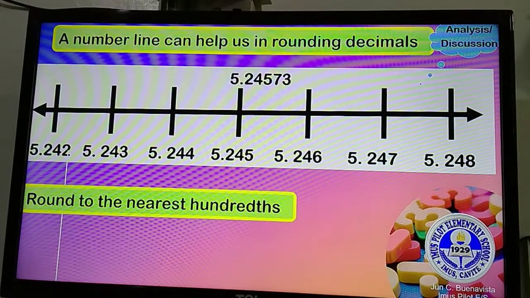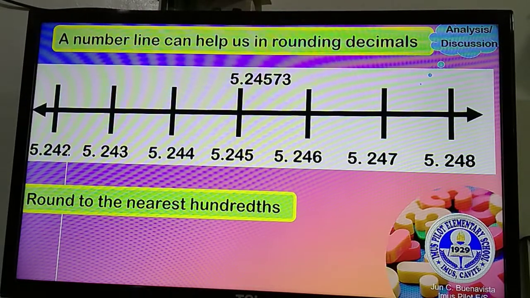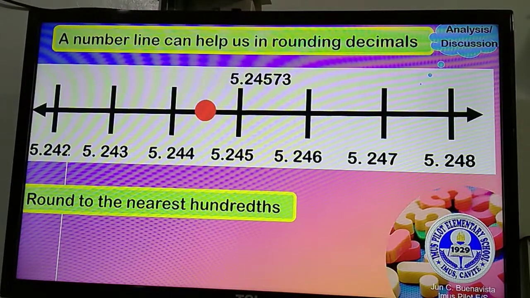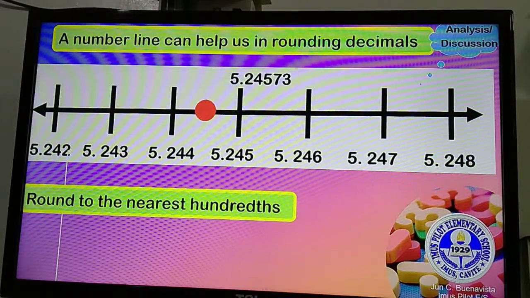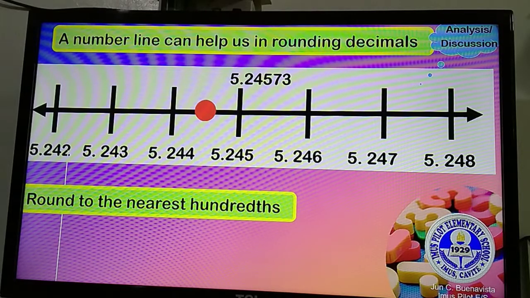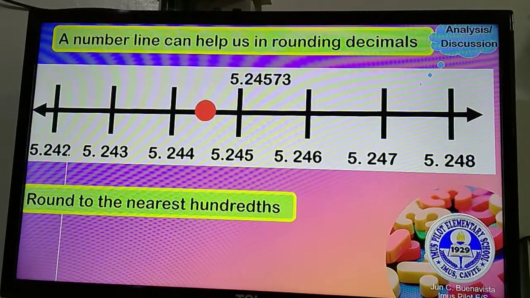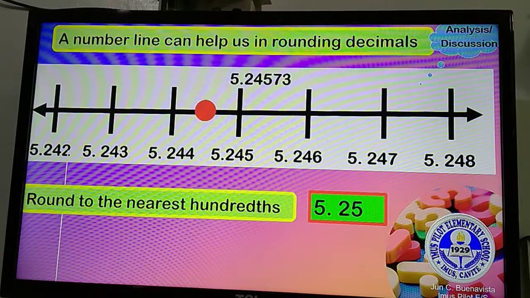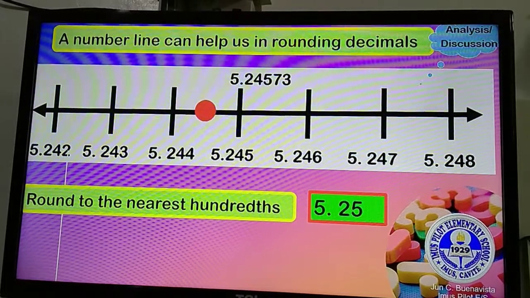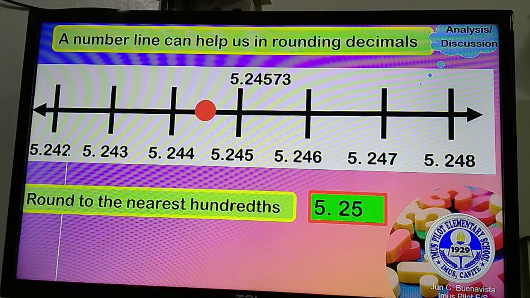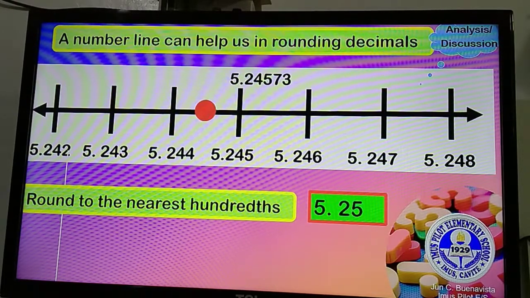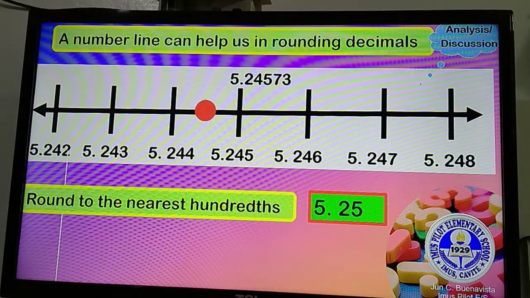If we are going to round to the nearest hundreds using the number line, it is in between 24 and 25. So therefore, the answer is 5.25 hundreds. Why 25 hundreds? Since the digit at the right of 4 is 5, we're going to add 1 to the rounding digit.